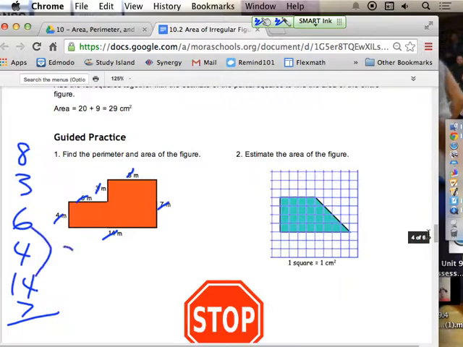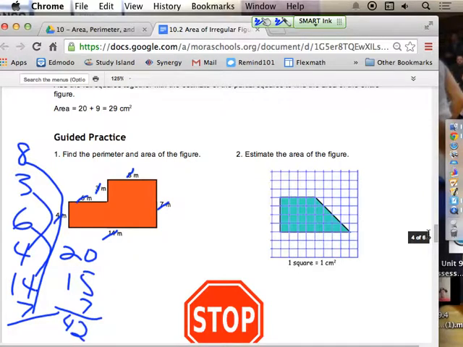There's 20. Okay, and there's 15. Oops. And here's 7. Do my next adding, 35, 42. And they're meters. So I was adding them when I did this. So it just stays meters. 42 meters for our perimeter.